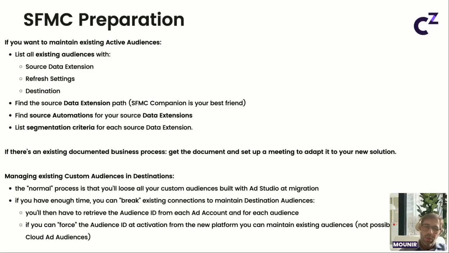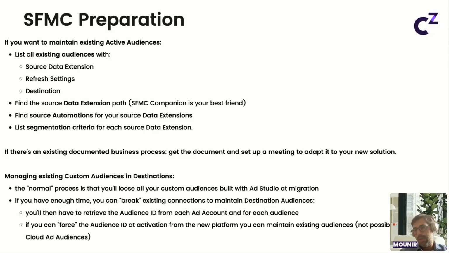But how do we use them in the new platform? In the new platform, which you won't be able to do on Data Cloud, but on other platforms you could do it, the idea is to retrieve the audience ID from the destination. So let's say you're working with Facebook. You go to the custom audience on Facebook, you expand the view, and you'll be able to display an attribute called audience ID.